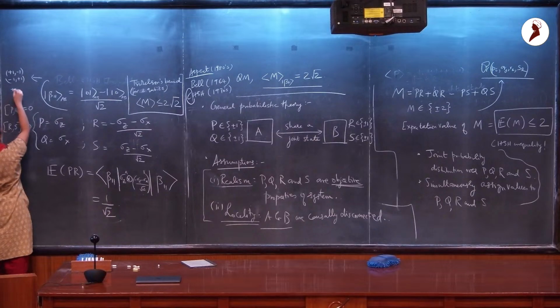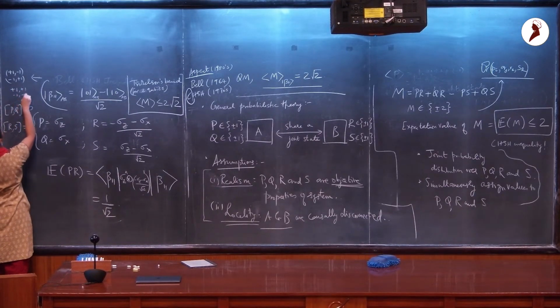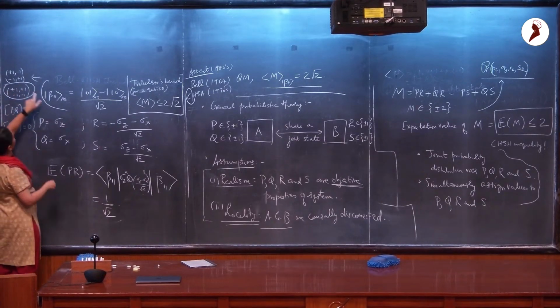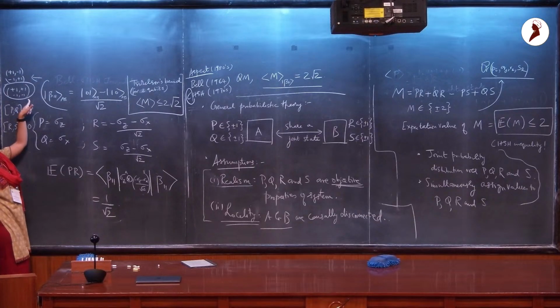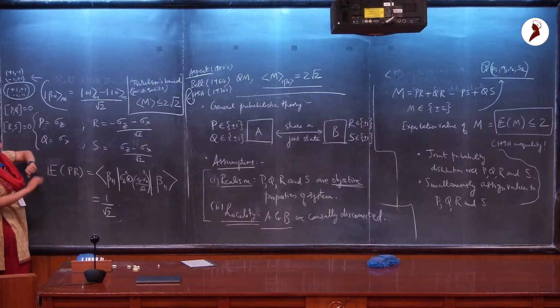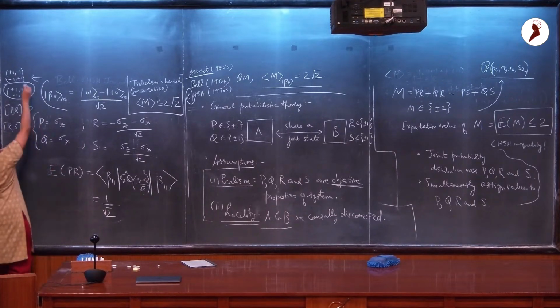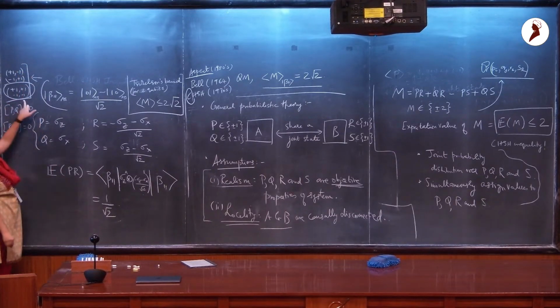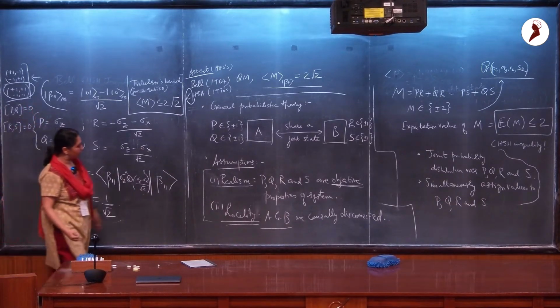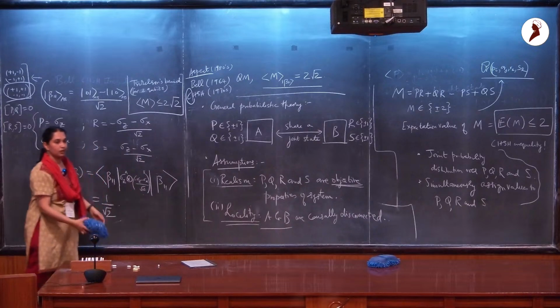But there are 2 other outcomes also possible, which is +1, +1 and -1, -1, which this state excludes. But there I'm not assuming such a thing. I'm saying that because they are causally disconnected, I'm writing a distribution over all possible outcomes. So that in a way is what this assumption does.